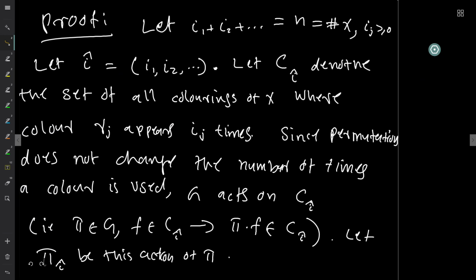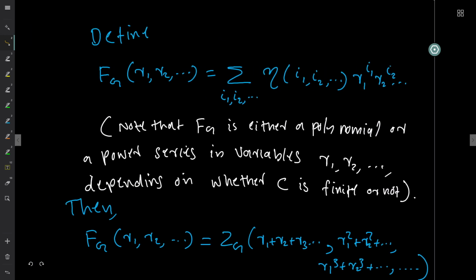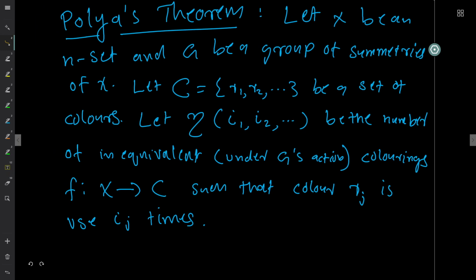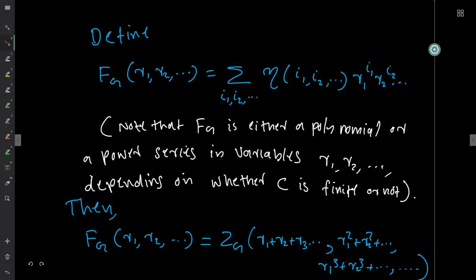Okay, so what we proved is that the number of inequivalent colorings, where the number of times the color Ri occurs is given by the tuple I1, I2, etc., is obtained by looking at the cycle index polynomial of the group G, Zg, and for the variable Zi, I replace it by summation Rj raised to I, right?